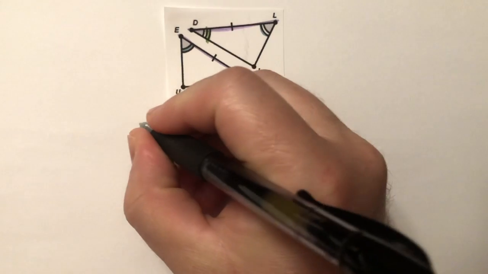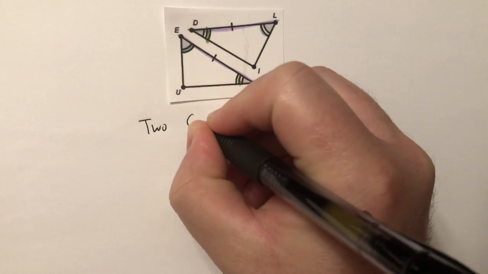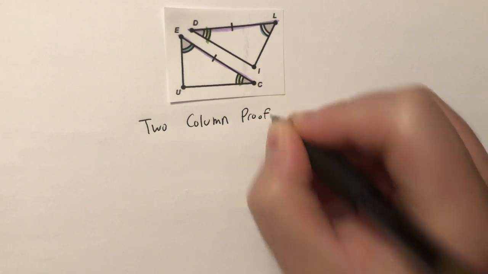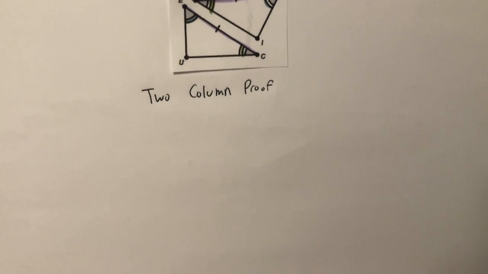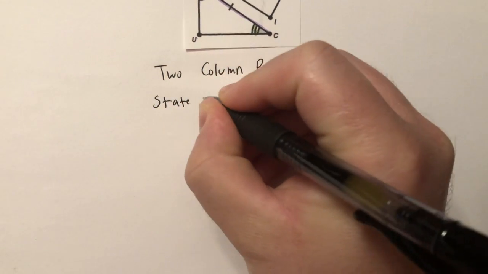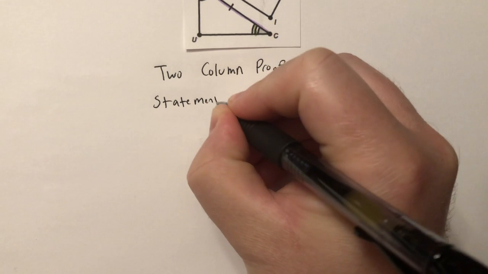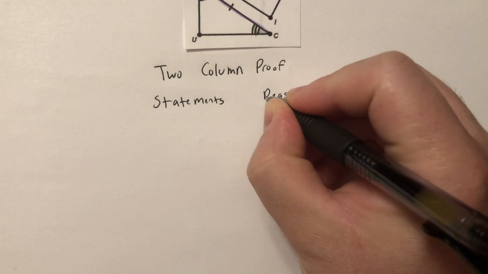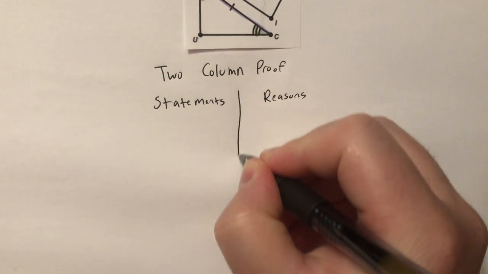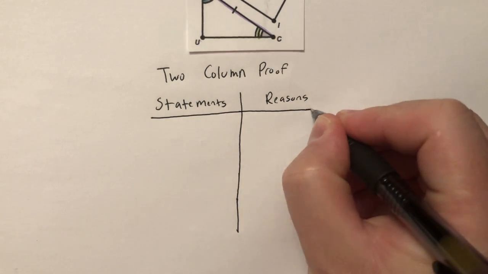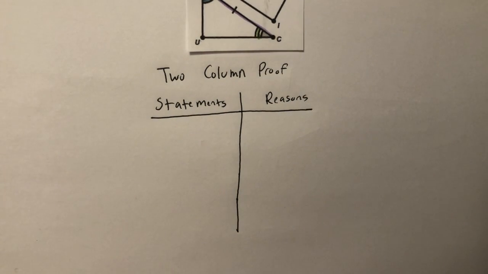The next proof is referred to as the two-column proof. Okay? So it just means we're organizing into statements and reasons. We'll get more detail on how to label different parts of it.